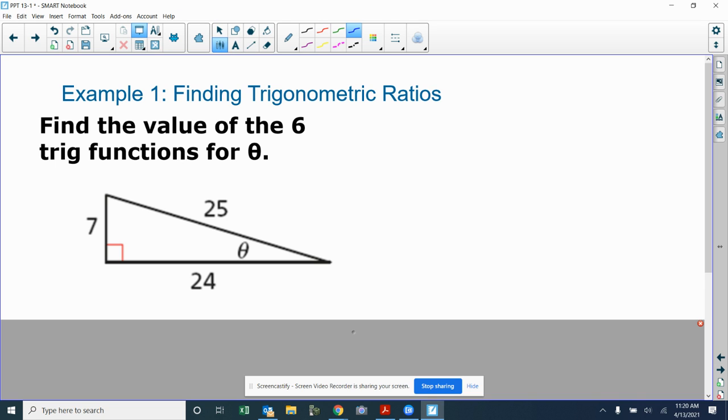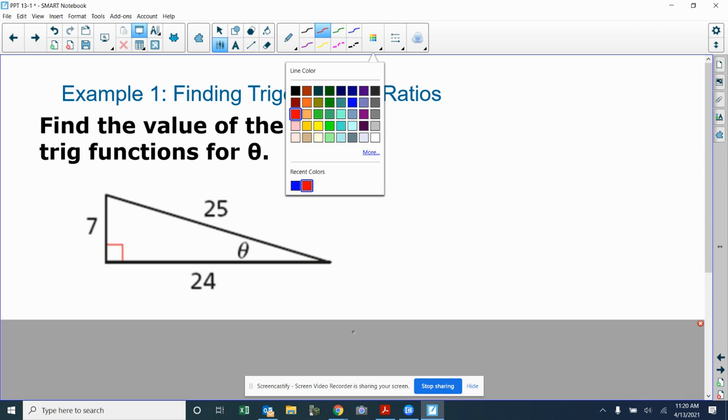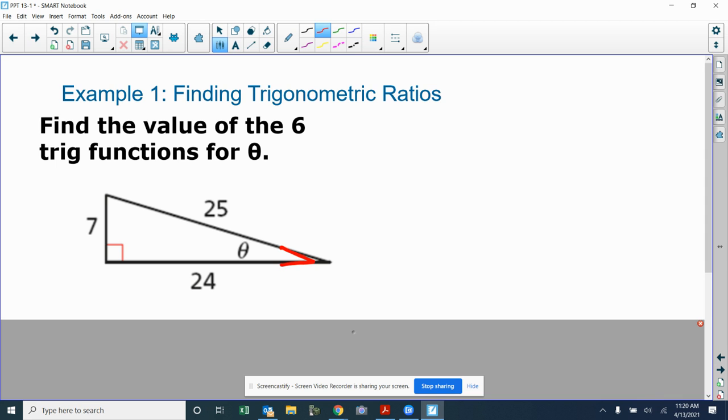All right, as I said, the first thing I like to do is label your sides. So here is my angle. So right across is the opposite. Here is the adjacent, and of course the hypotenuse is always our longest side.